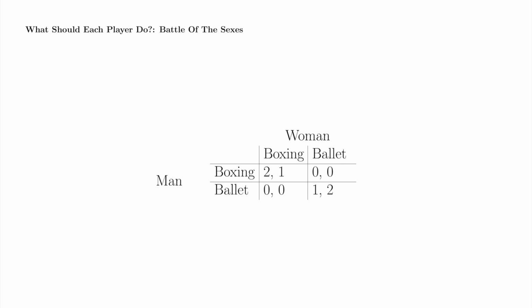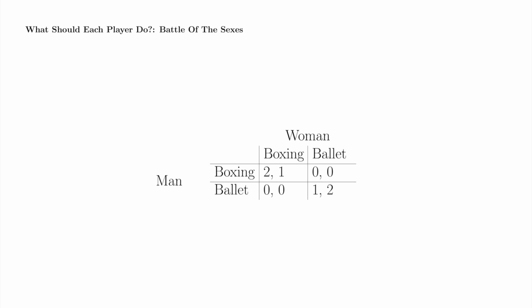Here's a new-to-us game, Battle of the Sexes. It's one of the many pieces of evidence that game theory is a discipline with its origins in a less egalitarian time. The man and the woman want to go on a date, either at a boxing match or the ballet. The man prefers boxing to ballet, and the woman prefers ballet to boxing, but most of all, they prefer being together.